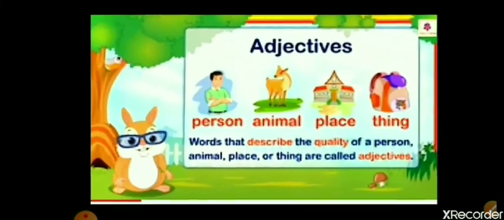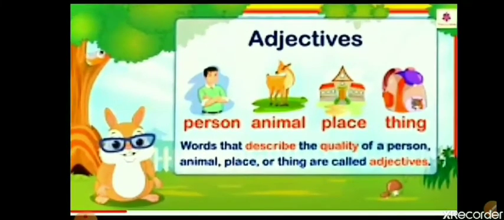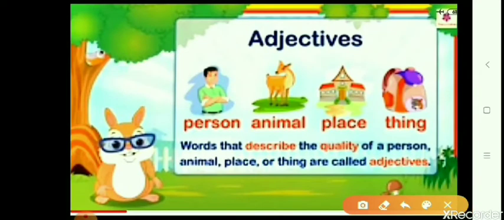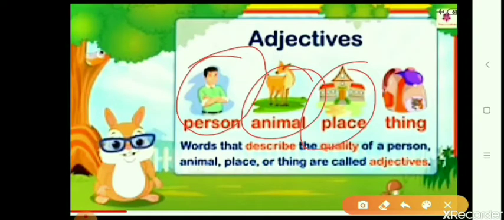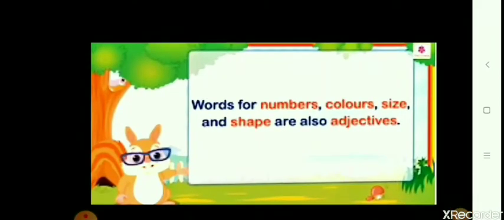For example, here adjectives describe the quality of a person, animals, place, or thing. They also describe numbers, colors, size, and shape. Words for numbers, colors, size, and shape are also describing words, also adjectives.